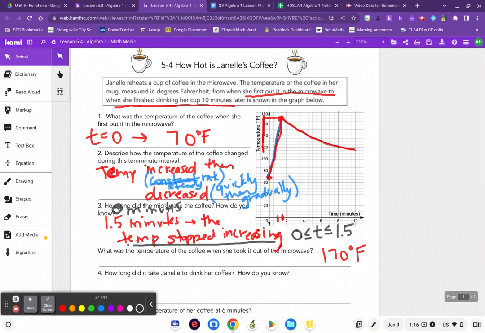The temperature of my coffee was increasing. And so this is one of the ideas that we're going to talk about, is when something is increasing versus when something is decreasing, and over what period that happened. So my temperature was increasing over the period of 0 to 1.5 minutes.